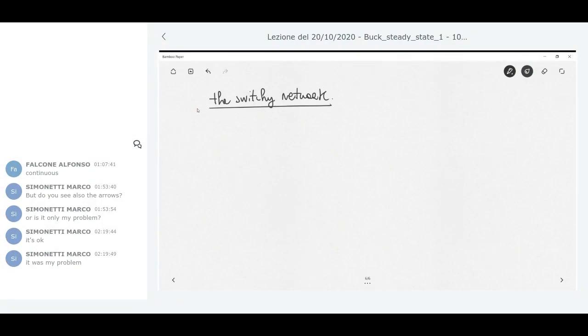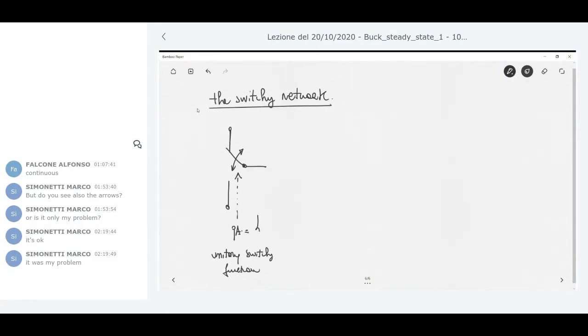Okay, so let me derive this kind of connection starting from this one. This connection, this symbol, is for what is called the bipositional switch. So a switch that can be operated by means of a signal that I call QA, the unitary switching function, which is a logic signal that can be 0 or 1.